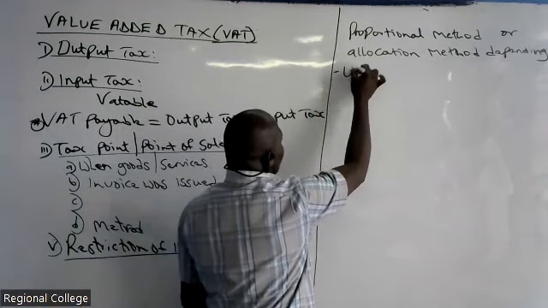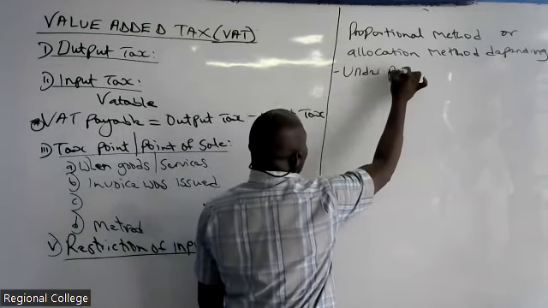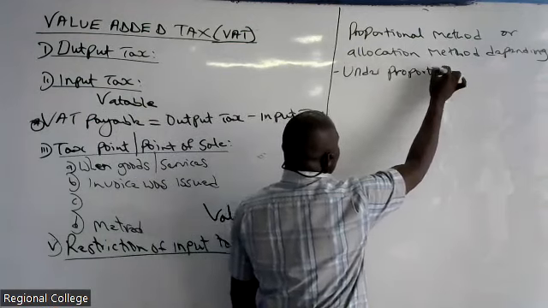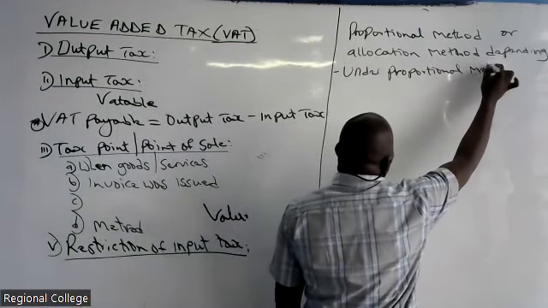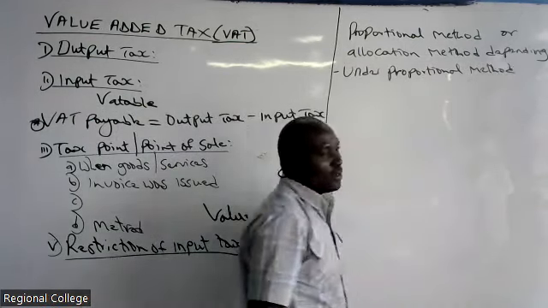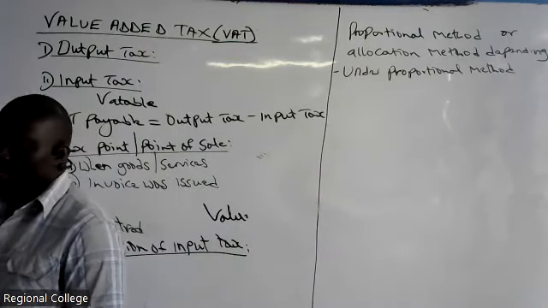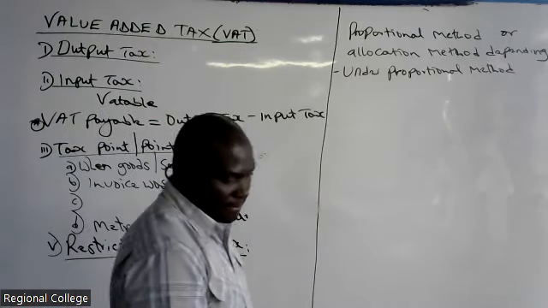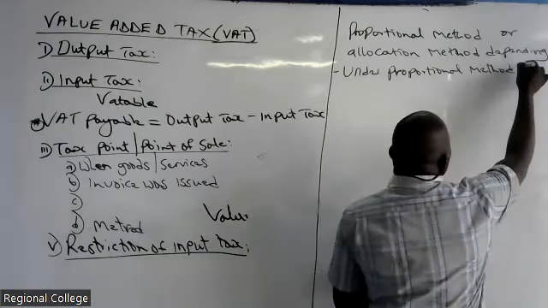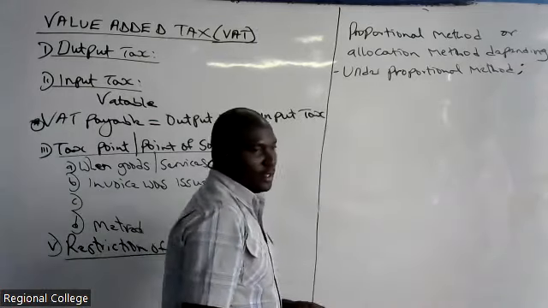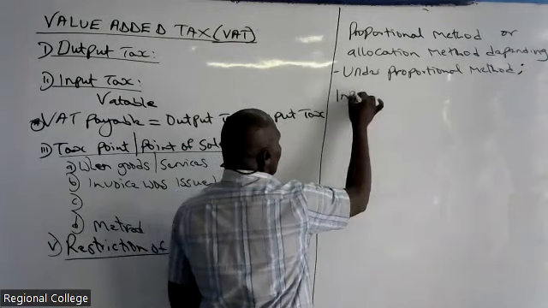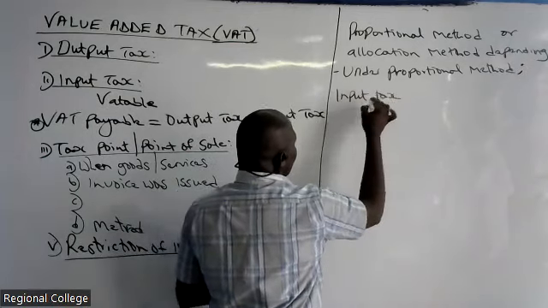When you say under proportional method, just put full stop and comma. You say input tax claimable. I'm going to explain it.